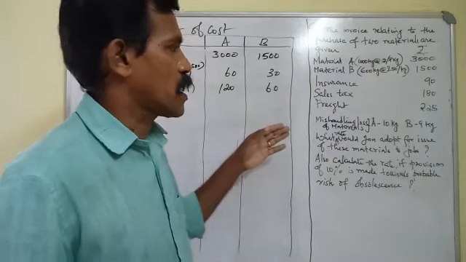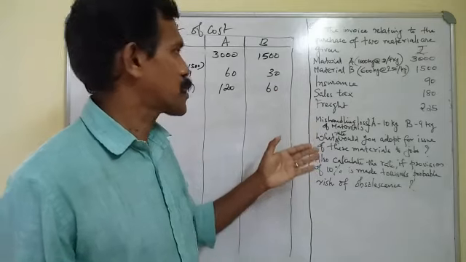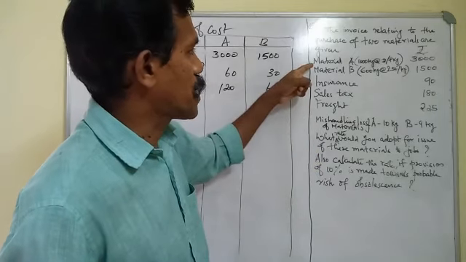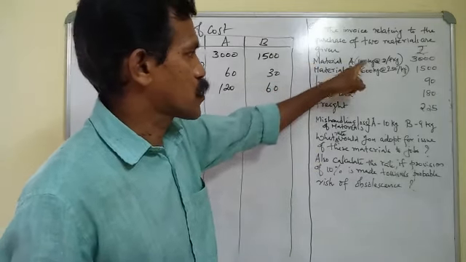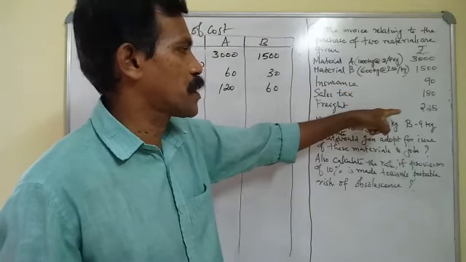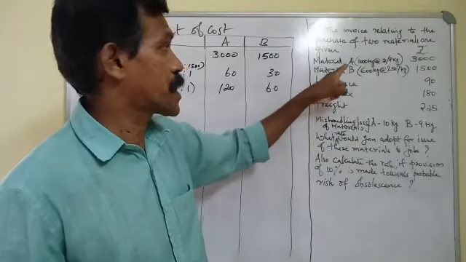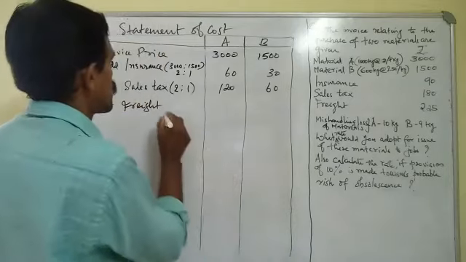Then the third item of expense is freight. The freight is actually charged for the quantity of materials transported. So here the quantity of material A is 1000 kilograms, B 600 kilograms. We have to apportion this freight of 225 in the ratio of 1000:600, that is equal to 10:6.